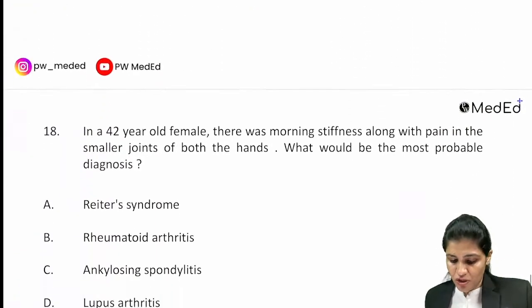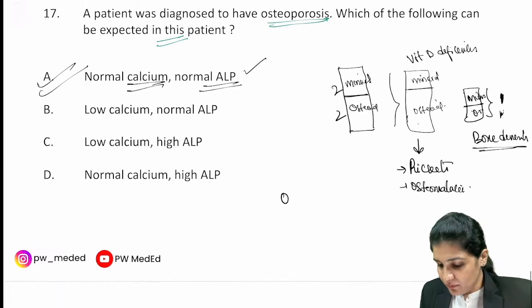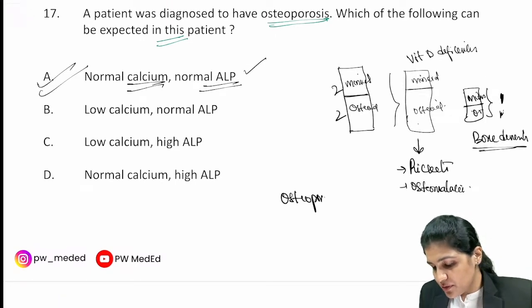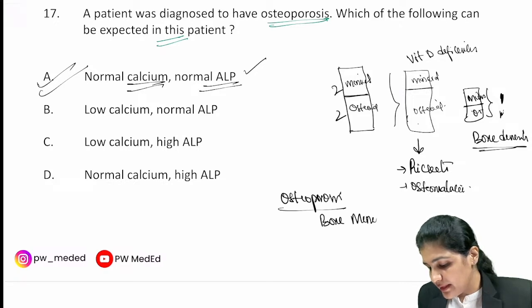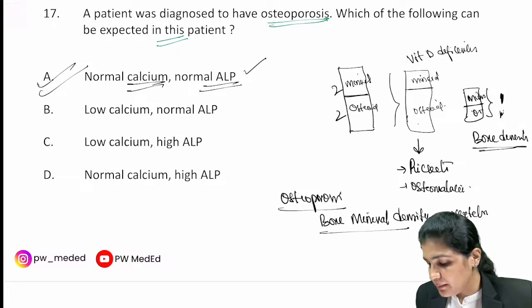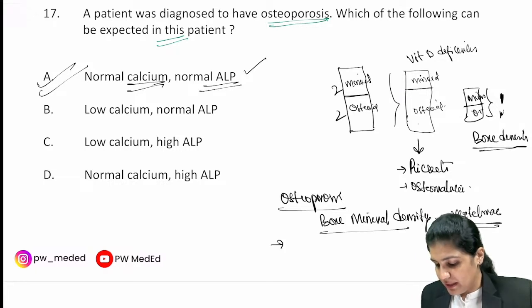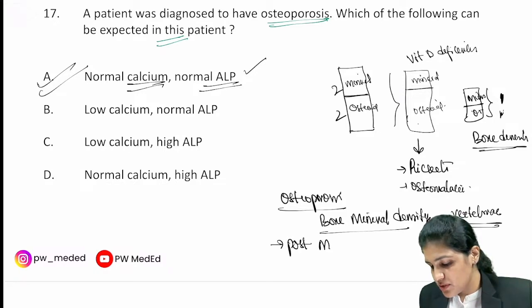So in case of osteoporosis, it is mainly the bone mineral density which is decreased, and usually it is seen in the vertebrae, and the patient is mainly a post-menopausal woman.